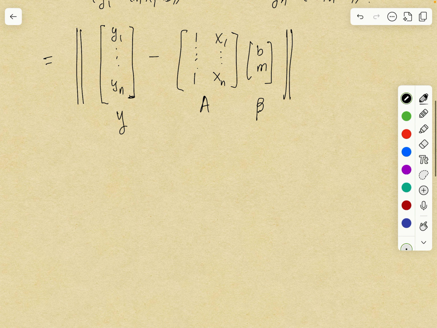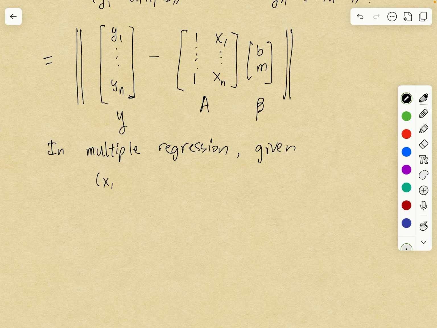So in multiple regression, what you're given is you might have x11 to x1n y1, and then all the way to xm1 to xmn ym.